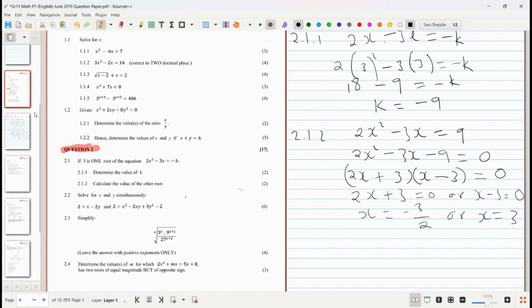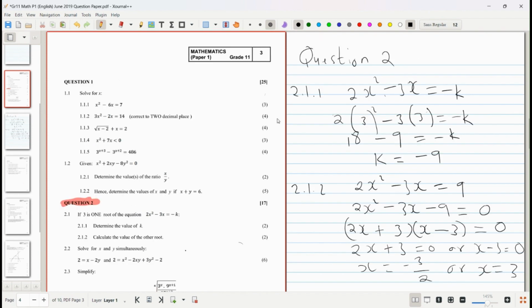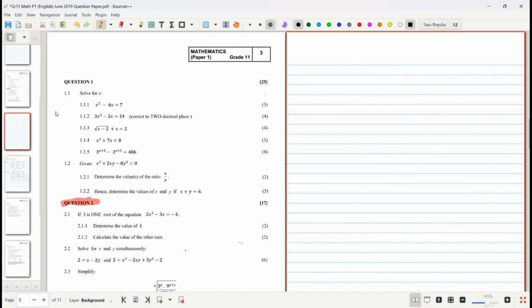So it's a simultaneous equation. Let me write 2.2 here. In 2.2, we need to solve these equations simultaneously.